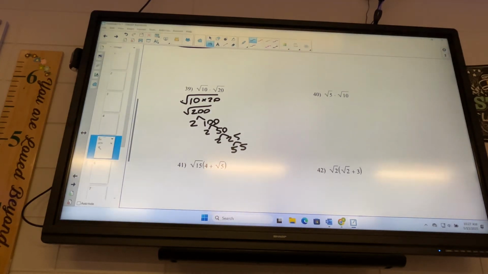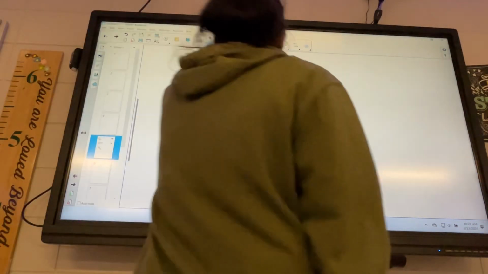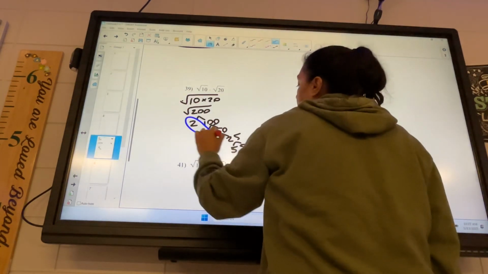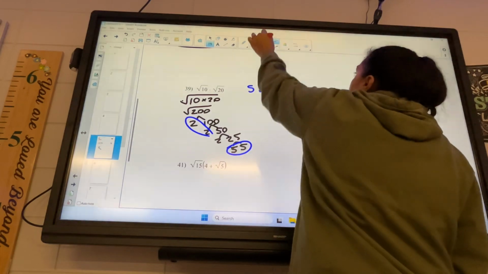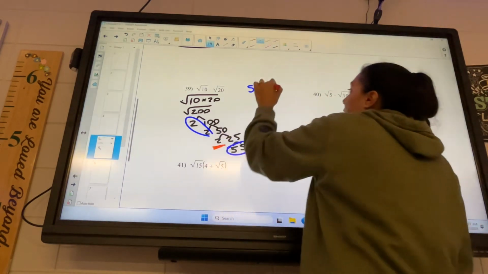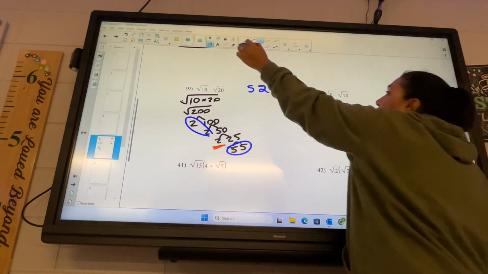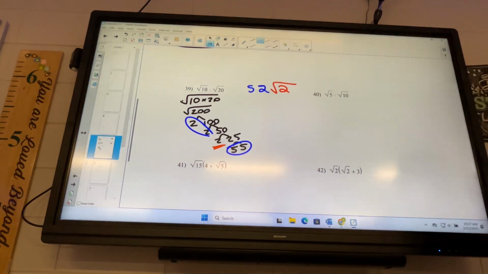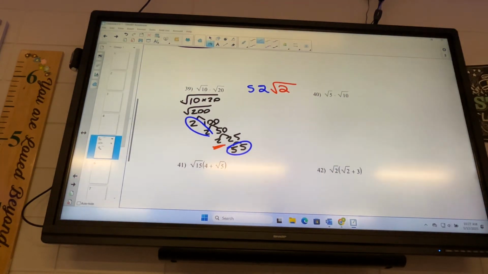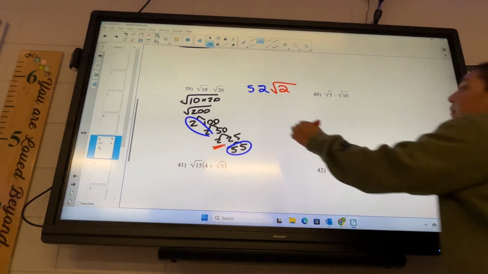Who else can go? One group of 5s. So we got one group of 2s can go, one group of 5s can go. So it's going to look like 5 and a 2. This 2 cannot go, so he's going to go back on the inside. Oops, I put a 5. Should be a 2. What do we do with that 2, 5 on the outside? Multiply. So 5 times 2 is 10.